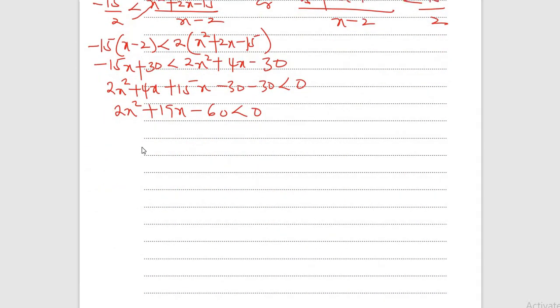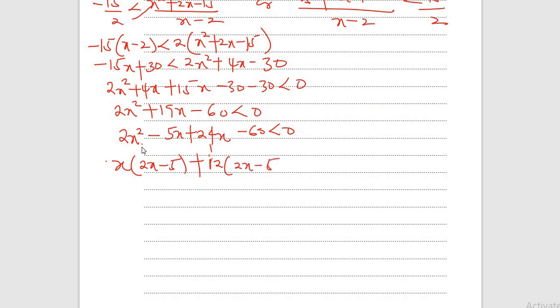Which we factorize: 2x squared, minus 5x plus 24x minus 60 less than 0. So from here, x into bracket 2x minus 5 plus 12 into bracket 2x minus 5 less than 0.